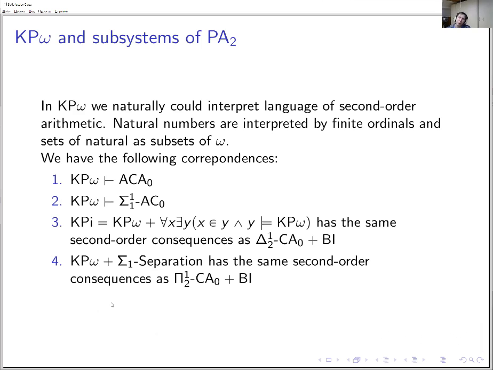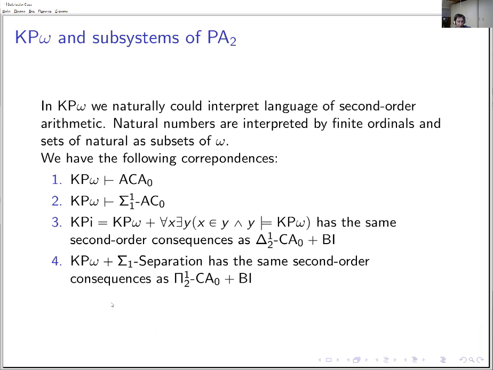And when we go to relatively strong fragments, relatively strong here means fragments that are something like Pi^1_1 comprehension and stronger. If people are familiar with reverse mathematics, Pi^1_1 comprehension is the theory that sits on top of Simpson's big five.